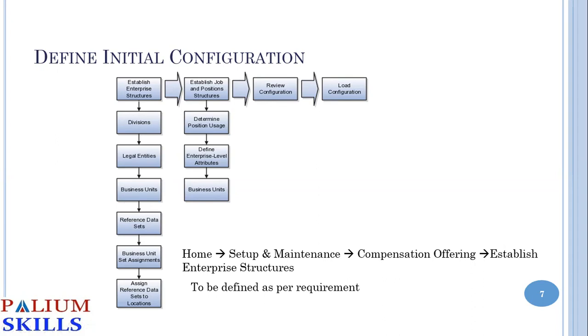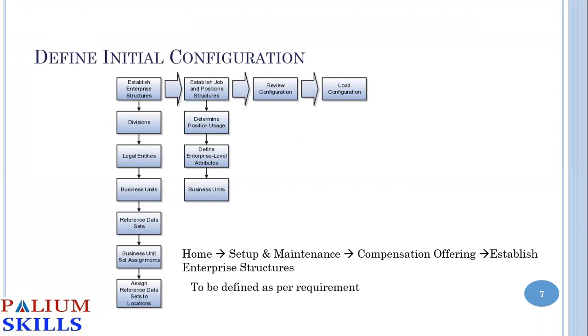Do I define it as job 1, 2, 3 like this? Yes, you would have to do it like that, or you have to be a little more specific. For example, you say HR manager India. Earlier you had 5 HR managers located in 5 geographies. Now you would have to identify them separately, distinctly.